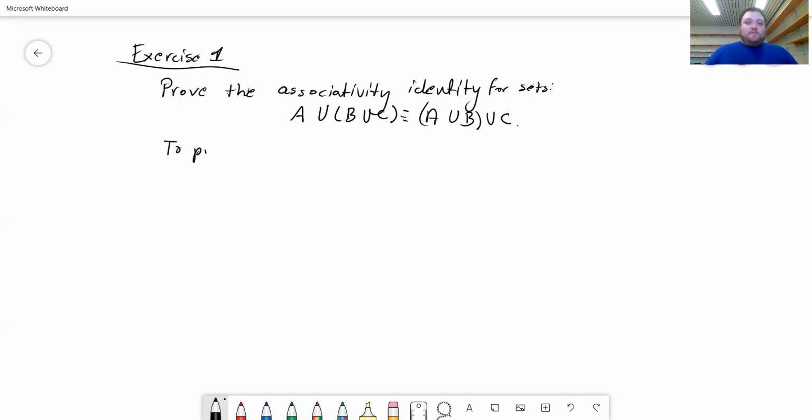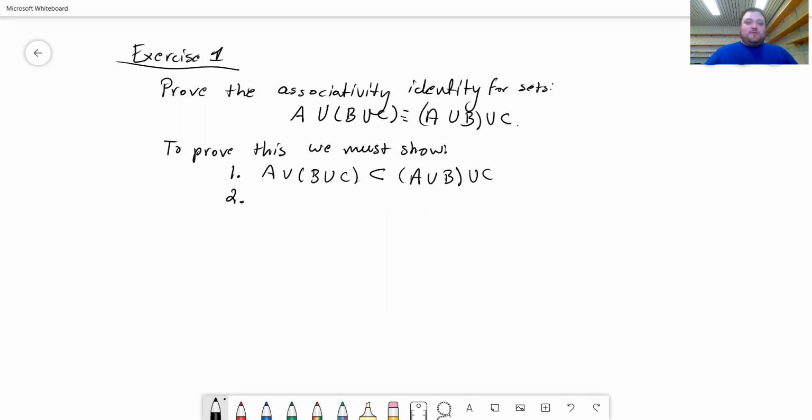So to prove this, we must show, 1, that (A union B) union C is a subset of A union (B union C), and secondly, that A union (B union C) is a subset of (A union B) union C. If this is a subset of this, and this is a subset of this, then obviously they are equal.